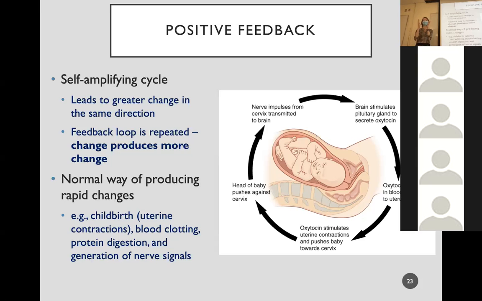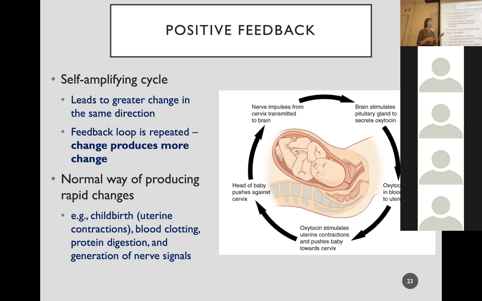We're not trying to stay within this happy medium range. We're trying to get a baby out of the body, which is the self-amplifying cycle that I'm talking about here. So a positive feedback loop is basically, I put it in bold here, the idea that change produces more change in that same direction.